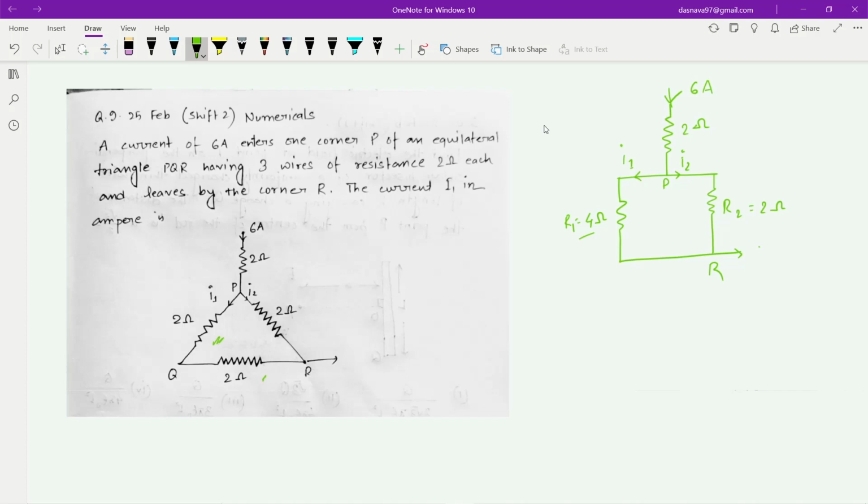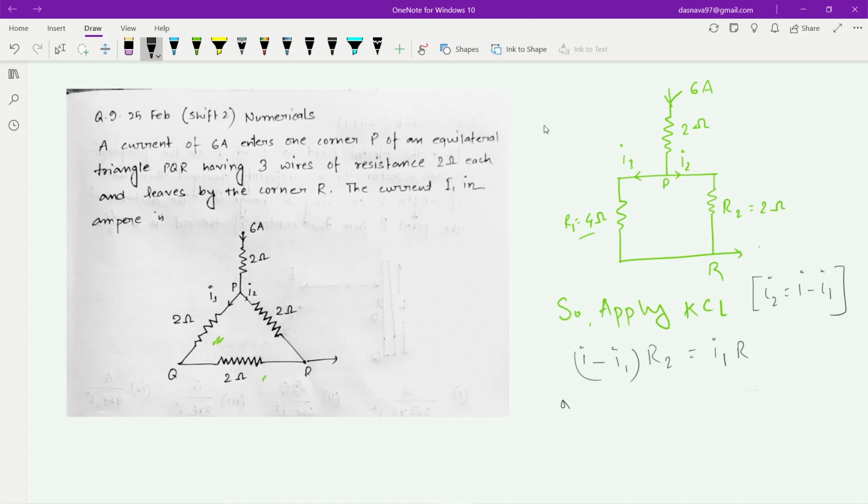Now what we will do, we'll apply KCL over here. So applying KCL, we can write that (I minus I1) into R2 equals I1 R1, because I2 equals I minus I1.